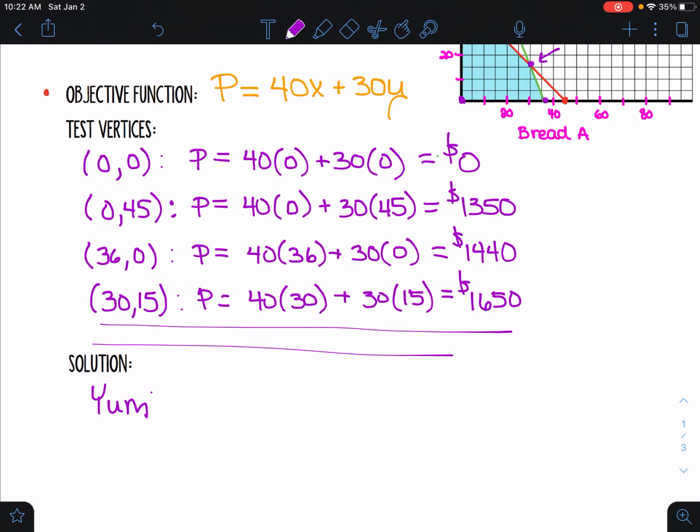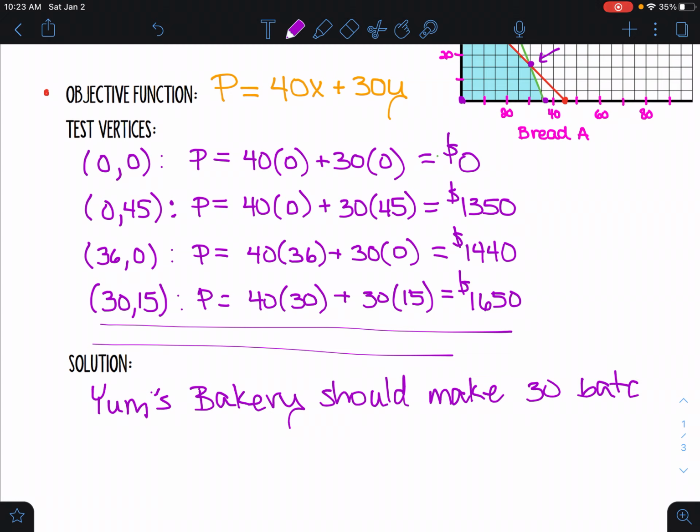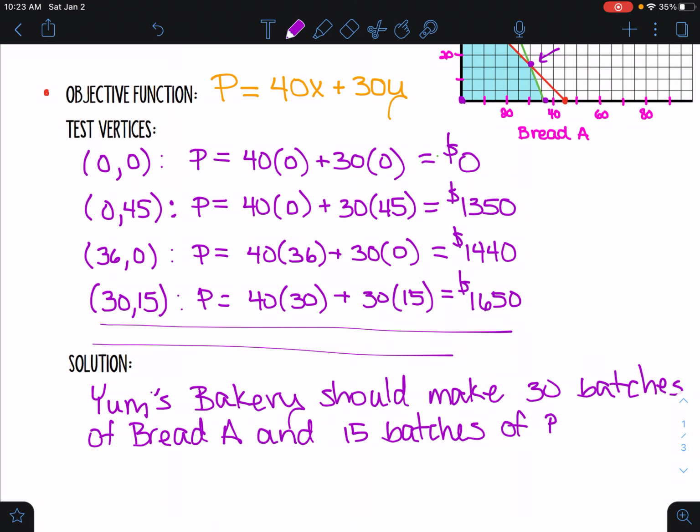Yum's Bakery should make 30 batches of bread A and 15 batches of bread B to maximize profits.